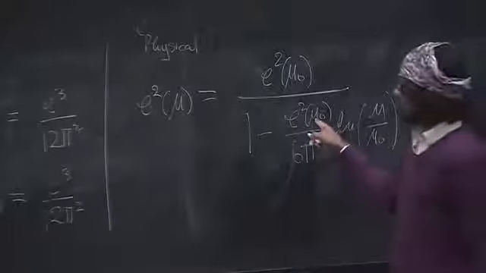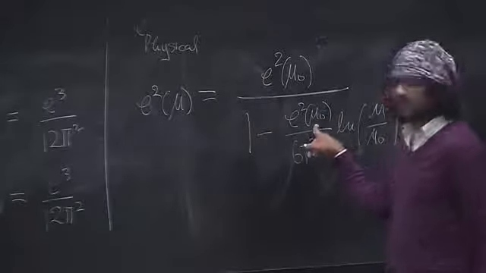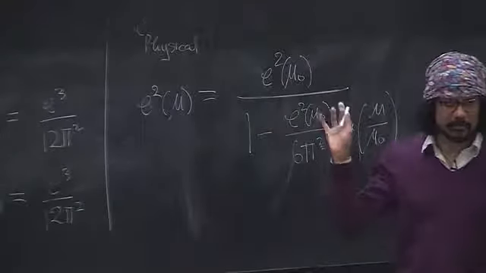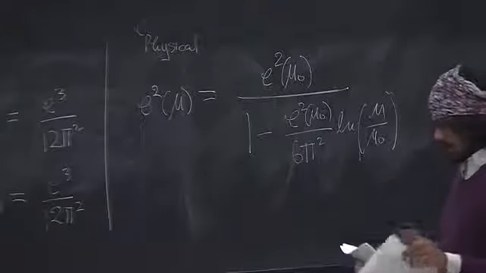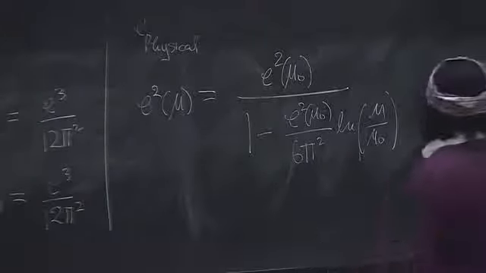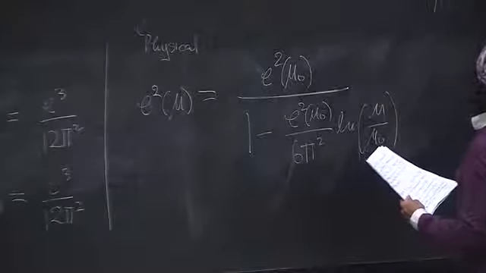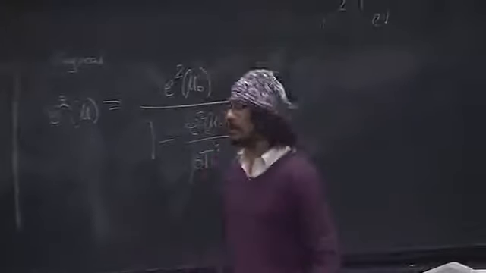And when this thing goes to 0, if you plug in the observed values of mu naught and E, it turns out that the pole is at some energy of 10 to the power 286 electron volts. This is known as the Landau pole.